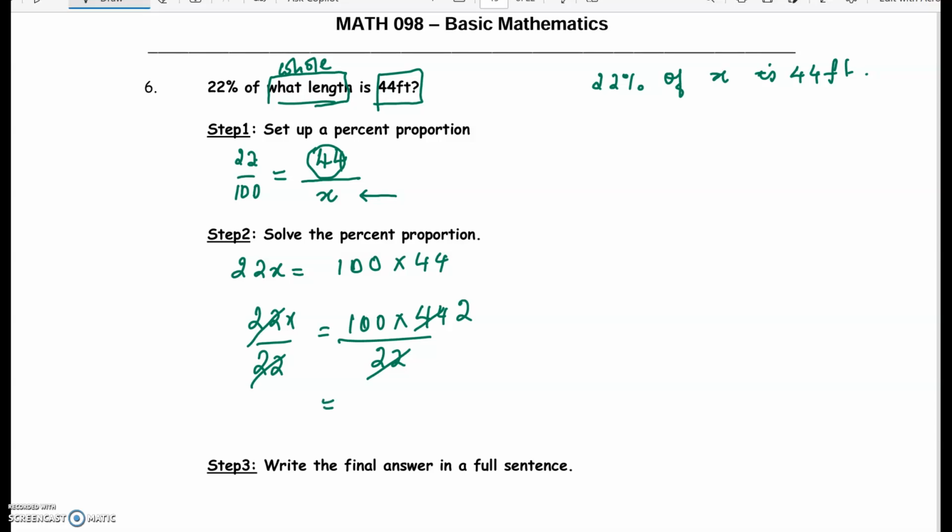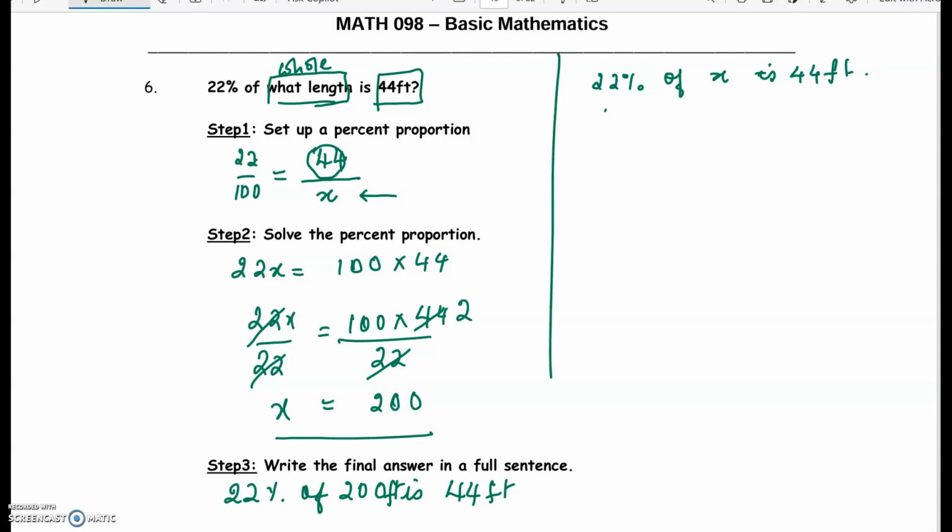Same thing, and that's equal to 200. So x is equal to 200. 22% of 200 is 44. 22% of 200 feet is 44 feet. So that makes sense.